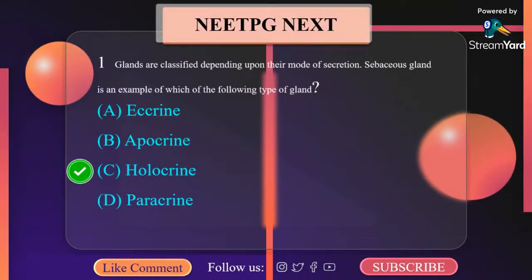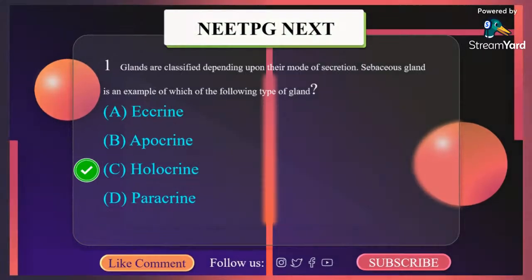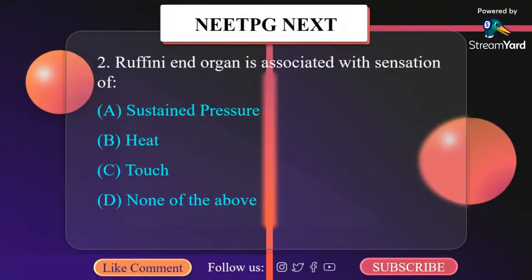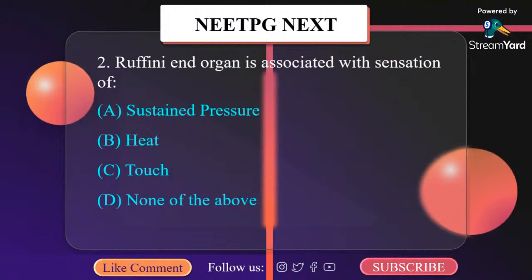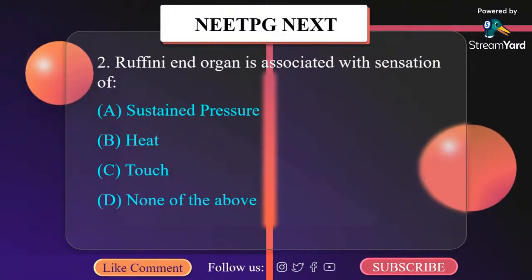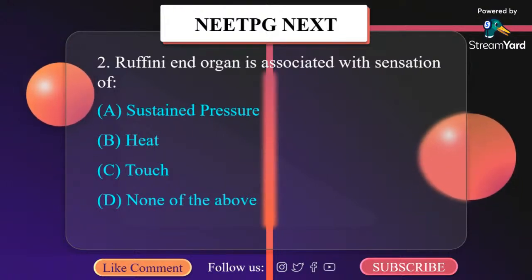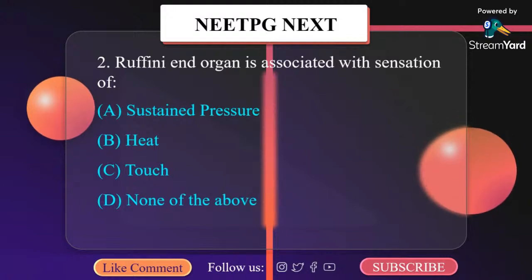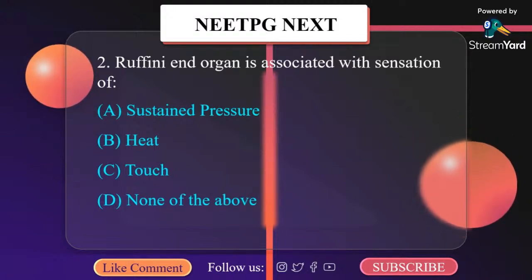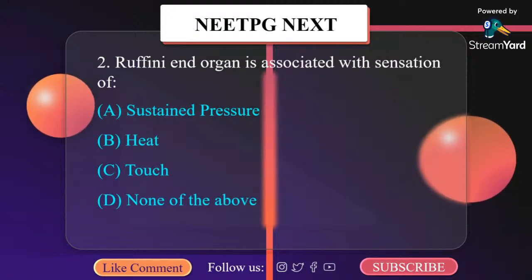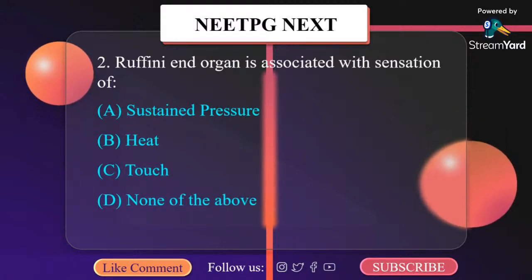Now let's move to the next question. Ruffini end organ is associated with sensation of A. Sustained pressure, B. Heat, C. Touch, and D. None of the above. Now, Meissner corpuscles are dendrites encapsulated in connective tissue and respond to changes in texture and slow vibrations.